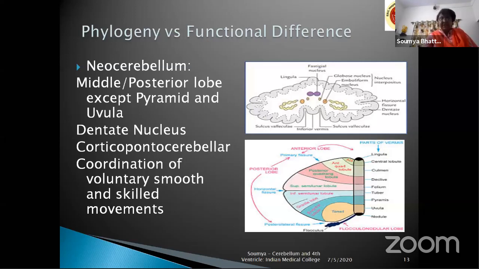And then the functional is the maintenance of equilibrium, the maintenance of posture, and the smooth and skilled movements. So this is a very, very important question, in which you must practice these two diagrams.